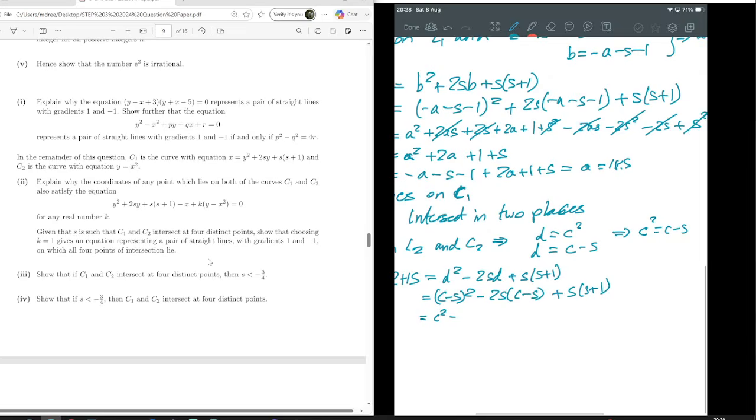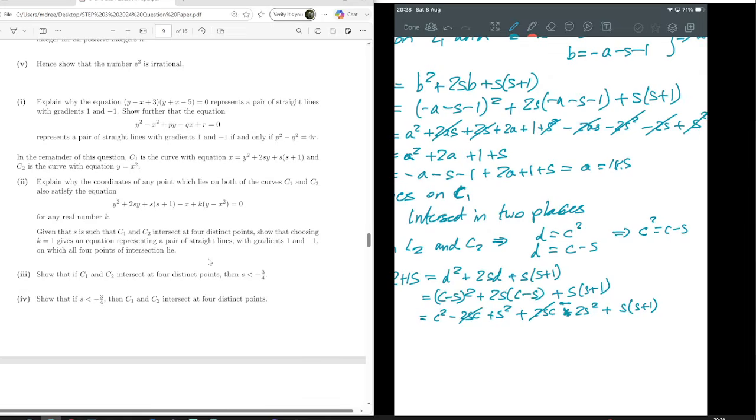So that's c squared minus 2sc plus s squared minus 2sc plus s squared. Oh, why did I swap the sign there? That's a plus. That's a plus, so that's a minus. And that other one was a plus. So that cancels with that.